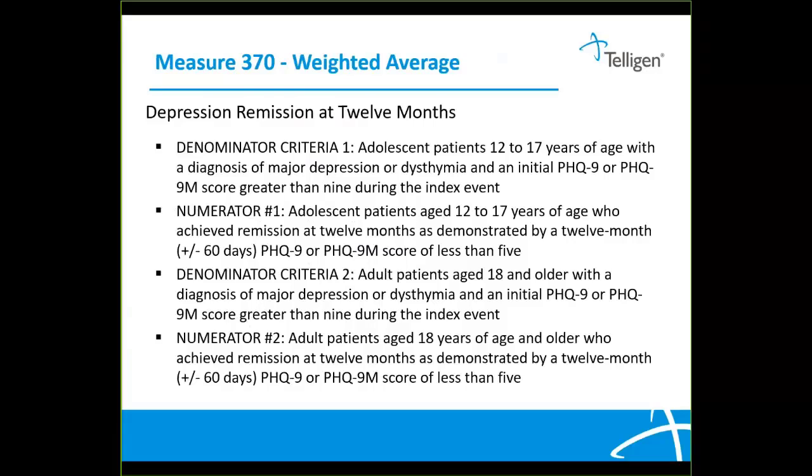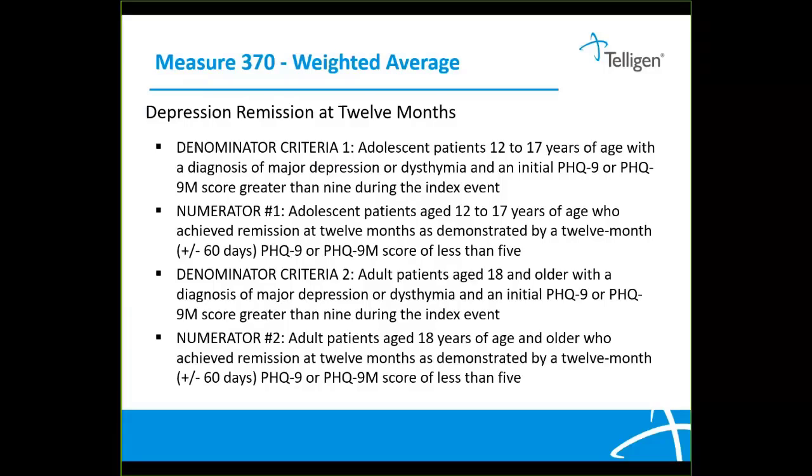First, we'll look at measure 370, depression remission at 12 months, which is scored by a weighted average. The first denominator is for adolescent patients, and the second denominator is for adult patients. So both adolescent and adult patients who have a diagnosis of major depression or dysthymia with an initial PHQ-9 or PHQ-9M score greater than 9 during the index event.